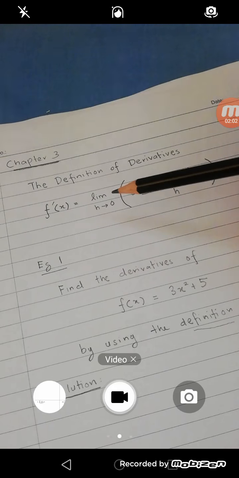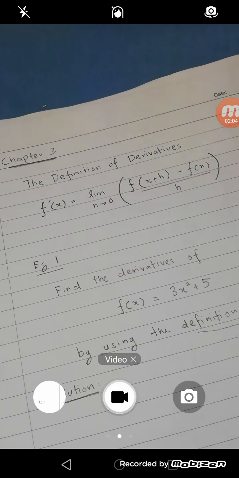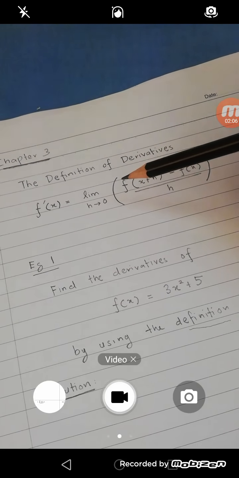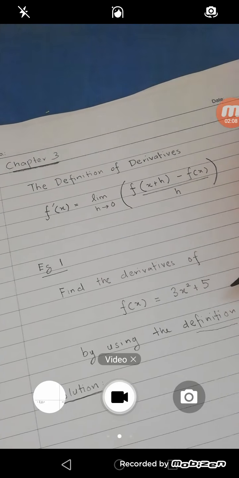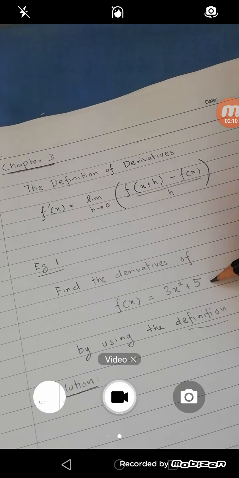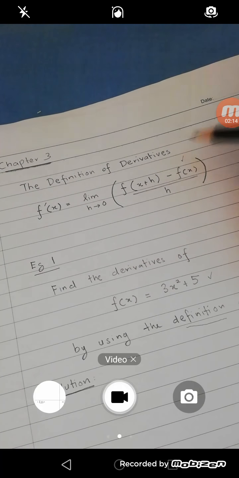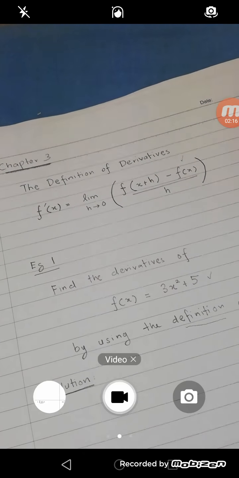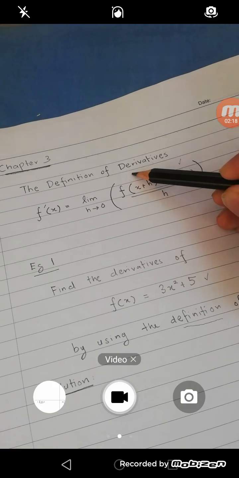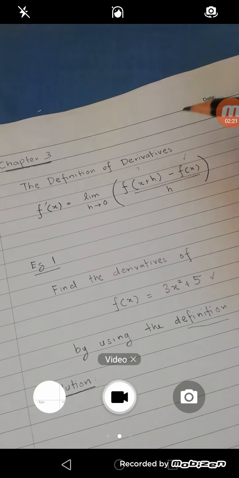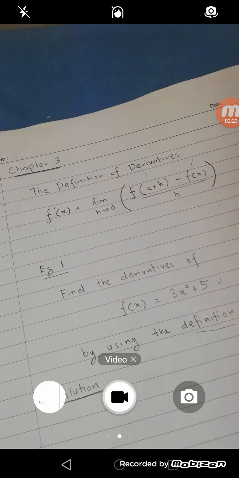Here, the input that you already have is f(x) equals 3x squared plus 5, which is already given. You need to find what is the value of f(x plus h).